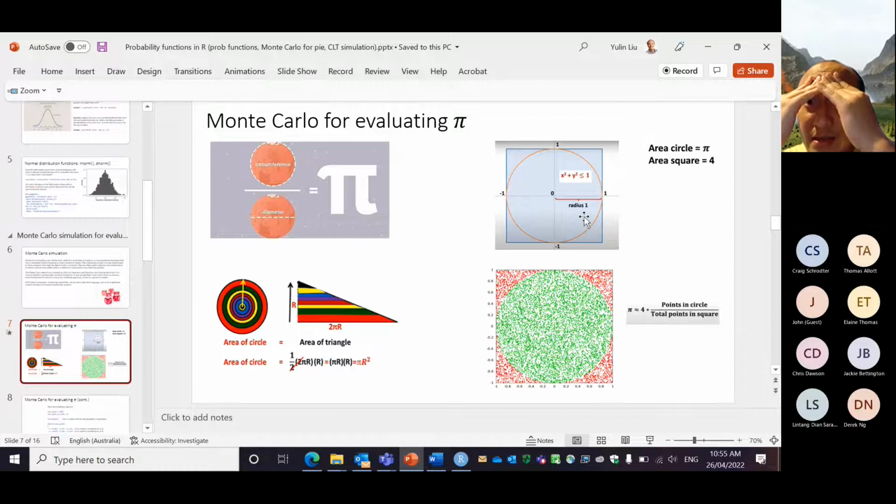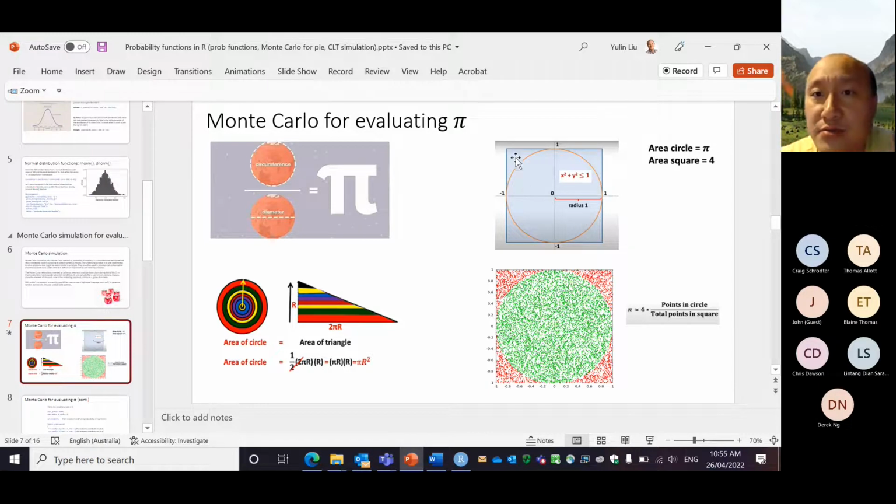So if the radius is 1, then the area of the circle will be pi, right? And then if I draw a square around the circle like this, then one side of the square will be the diameter, which is 2. Then the area of the square will be 2 squared, which is 4.